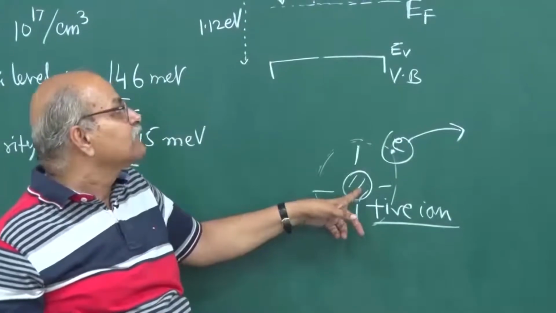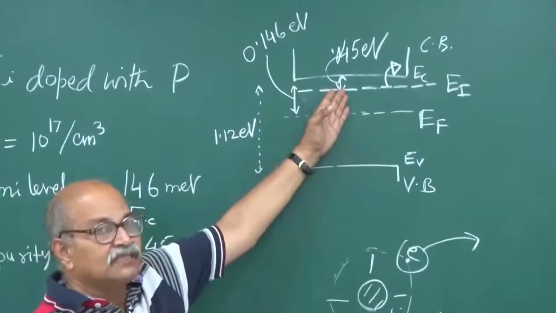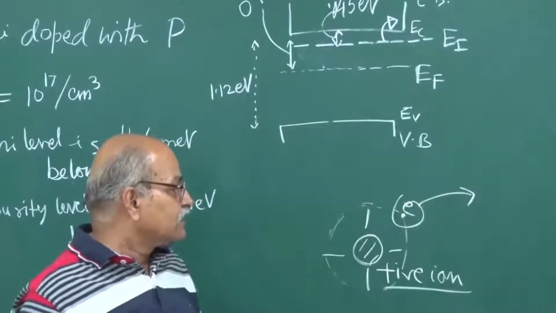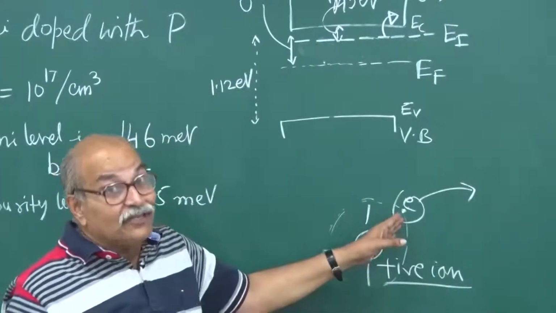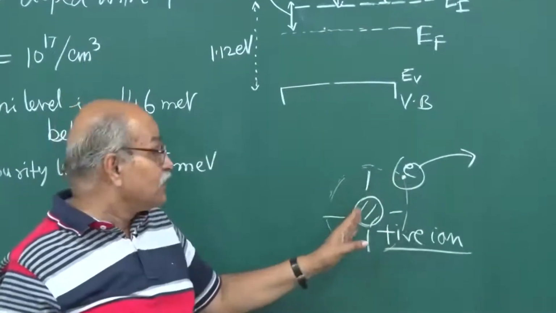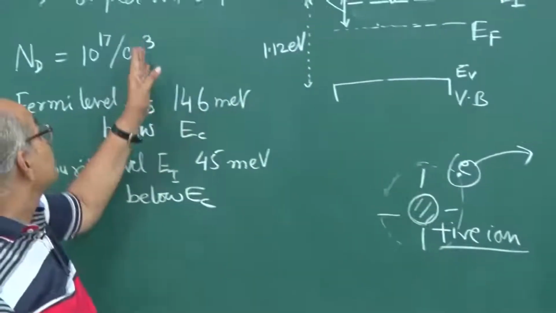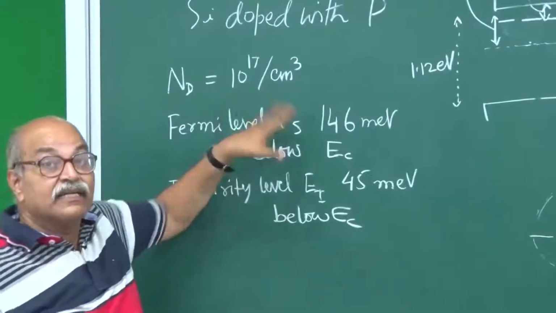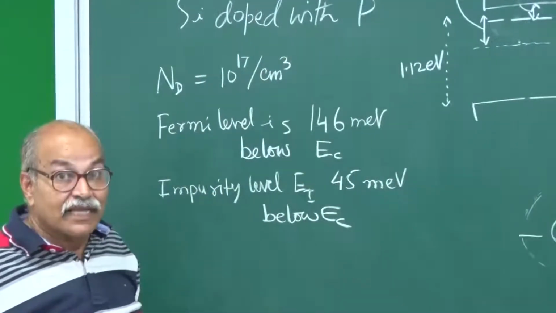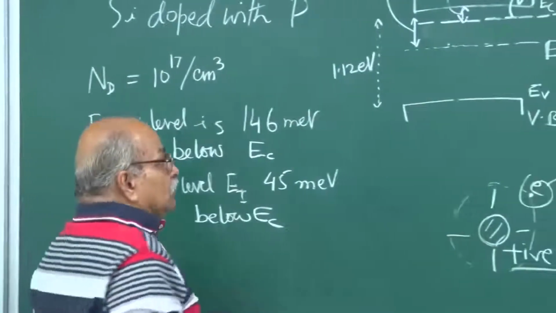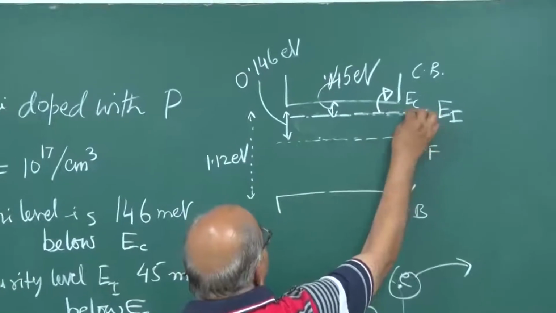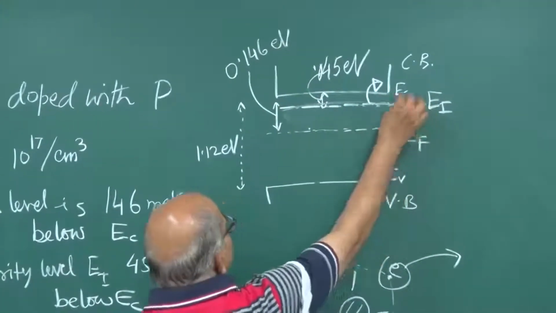So the question is, what percentage of the donor ions which are substituted in this crystal lattice are not ionized? Total number of donor ions per centimeter cube is given here. Out of these, how many are ionized and how many are not ionized? So we will calculate the probability of a quantum state being filled here.